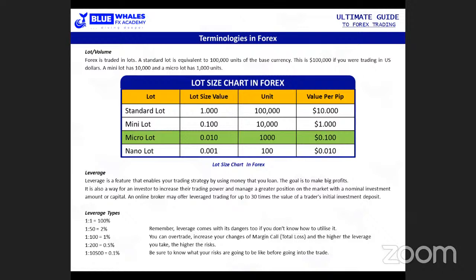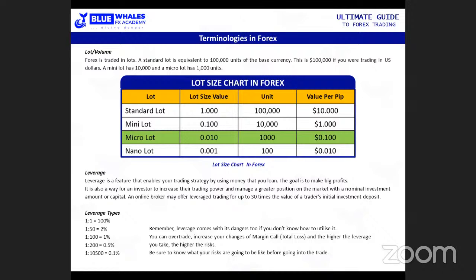In that same manner, should the trade go against us and we lose, let's say 5 pips, it means that we are losing $50. That's how it works. That's why I say don't go far as a beginner. Just stay with the micro lots and you will smile.